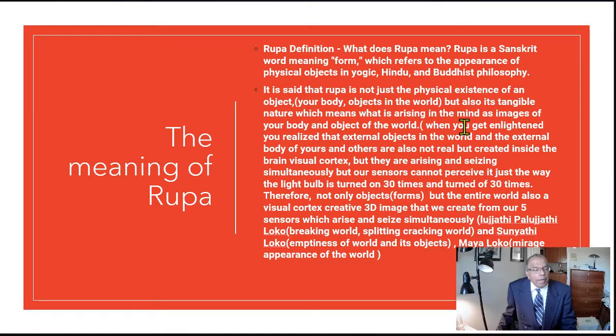When you get enlightened, you realize that external objects in the world and the external body of yours and others are also not real, but created inside the brain's visual cortex. They are rising and ceasing simultaneously, but our senses cannot perceive it, just the way a light bulb is turned on 30 times and turned off 30 times.